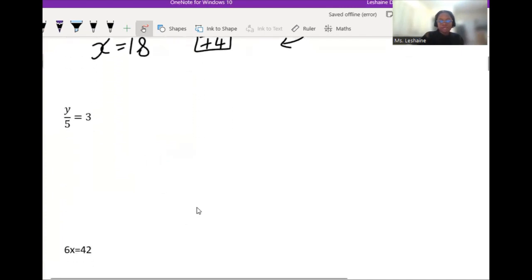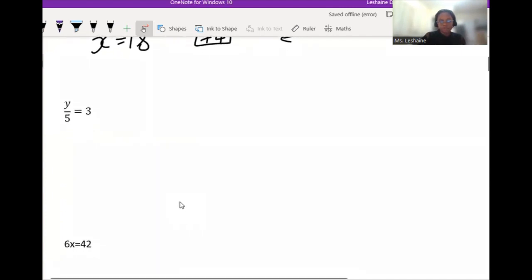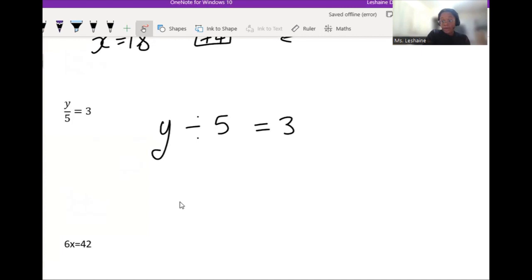What about this question? I have y over 5 is equal to 3. And now, whenever you see a problem where you have a variable over a number, it's just division. So if you are more comfortable writing it like this, y divided by 5 gives you 3, that's okay. Now, what is happening to y?